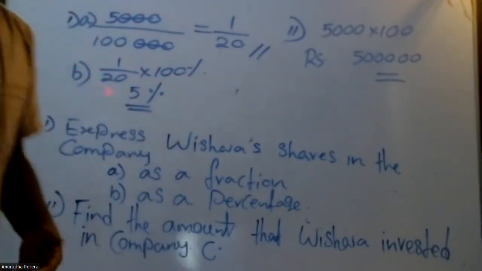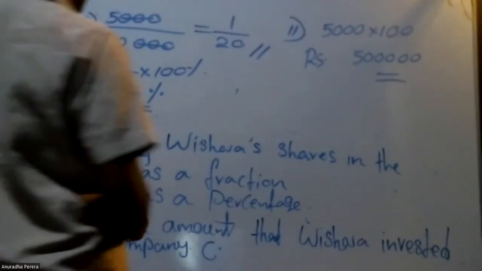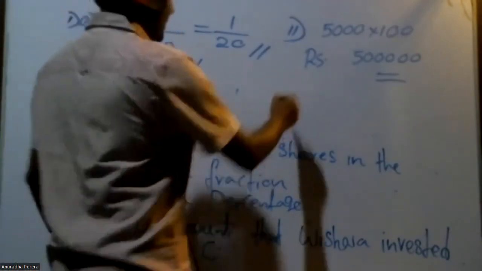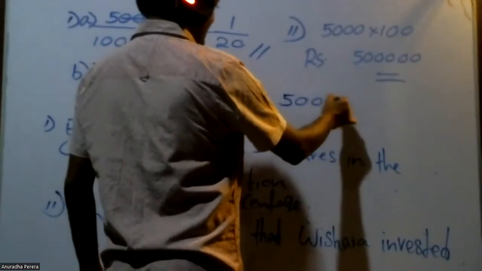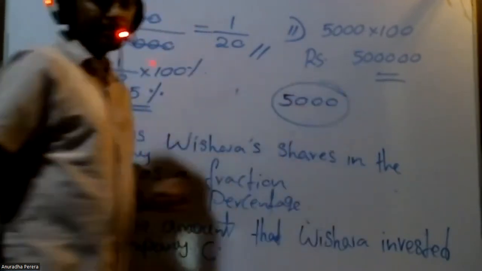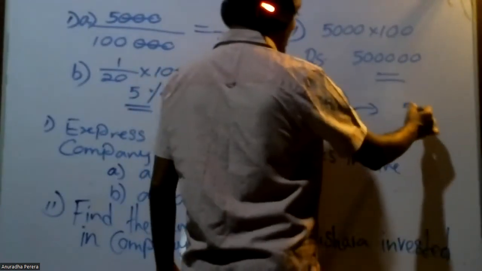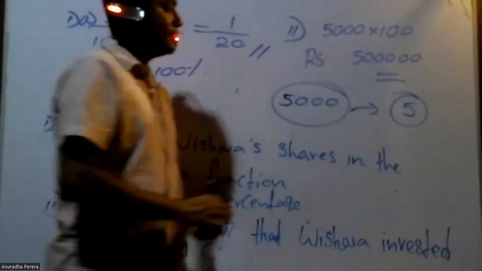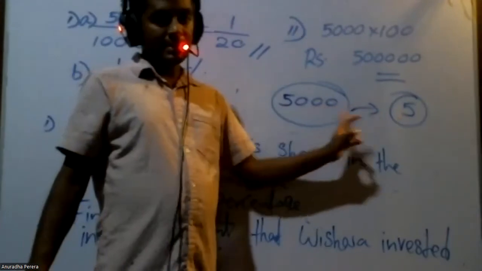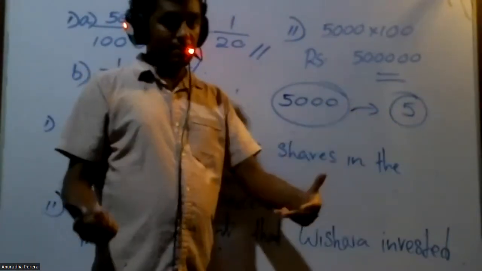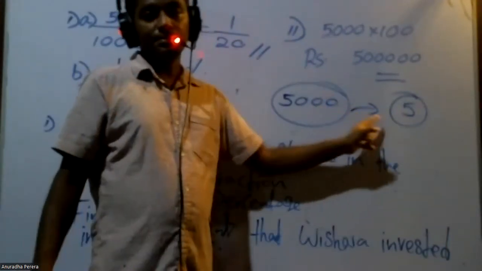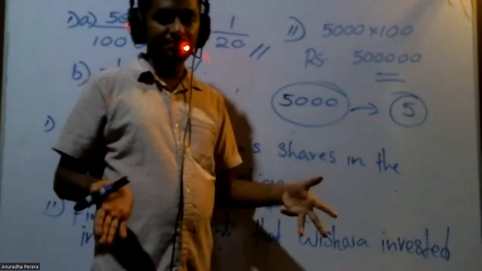In this example, Vishwa has 5,000 shares in this company. If the annual dividend income is 5 rupees per share, after the end of the year he can receive 25,000 rupees as dividend income.